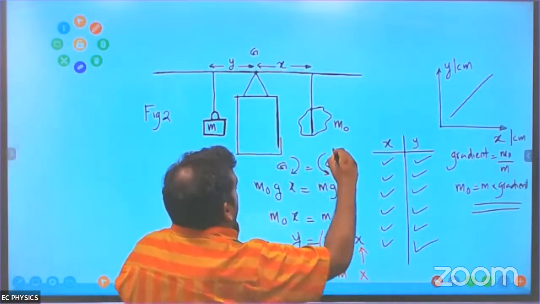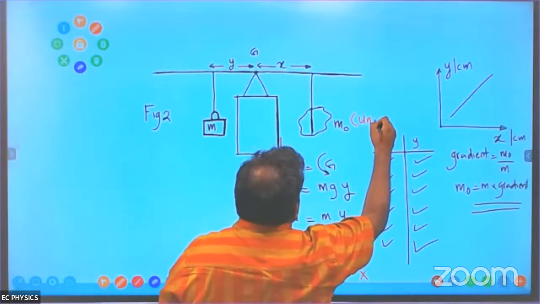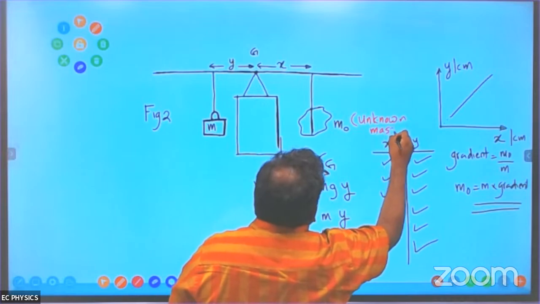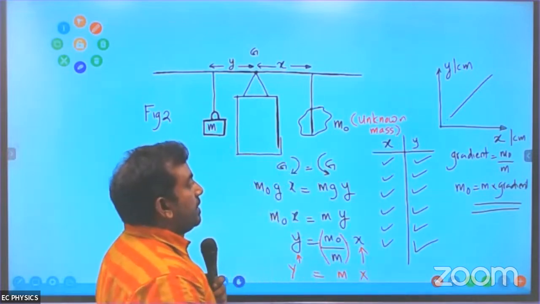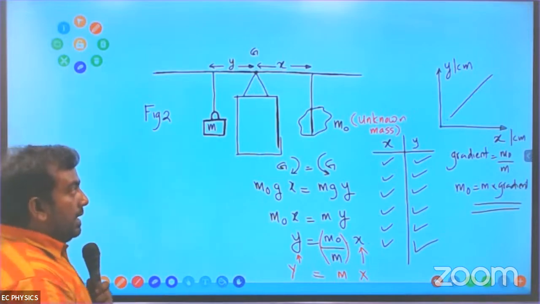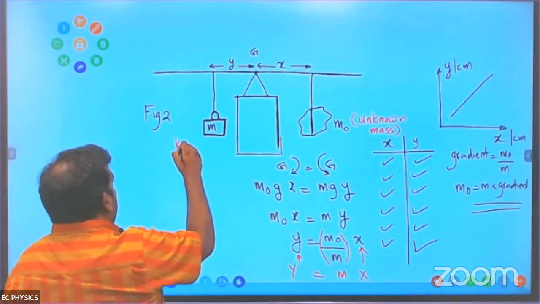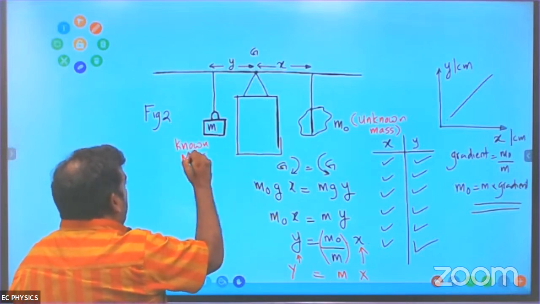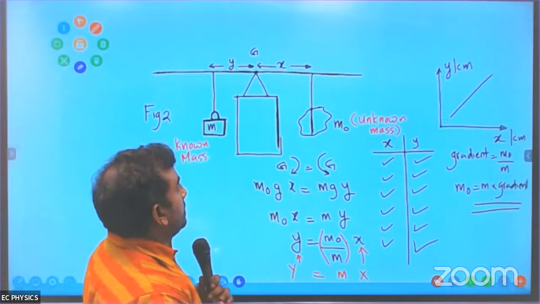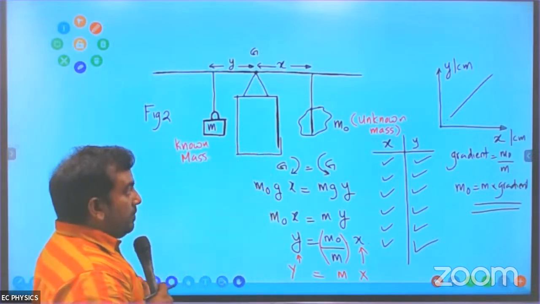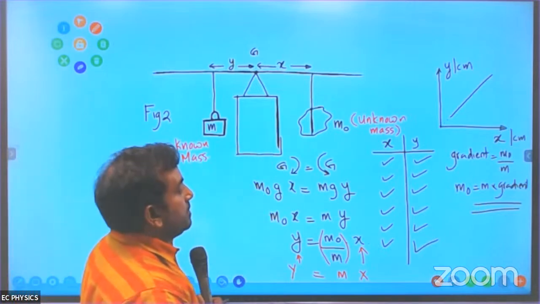From the gradient of the graph, we can find the unknown mass.